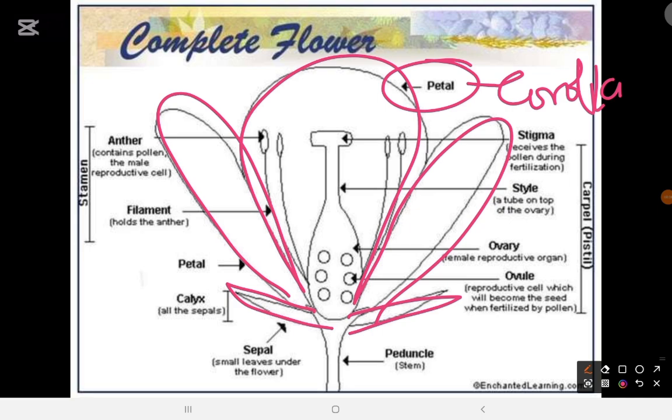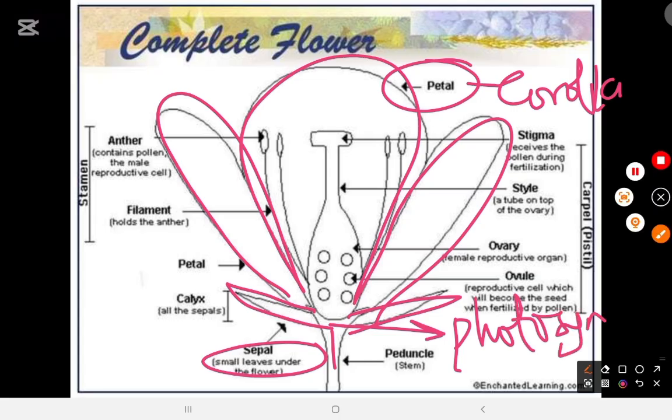Remember when the flower was still a baby flower, so to say, the sepal was serving a protective function. But once the flower has matured, the sepal only functions, together with every other part, for photosynthesis, the production of food for the plant.